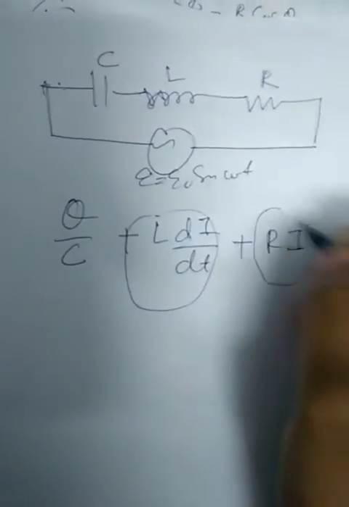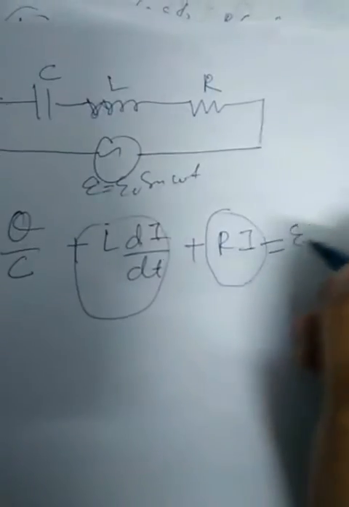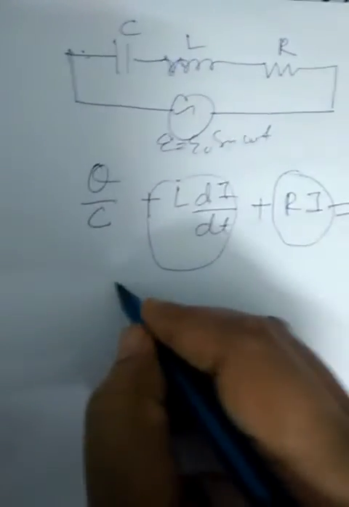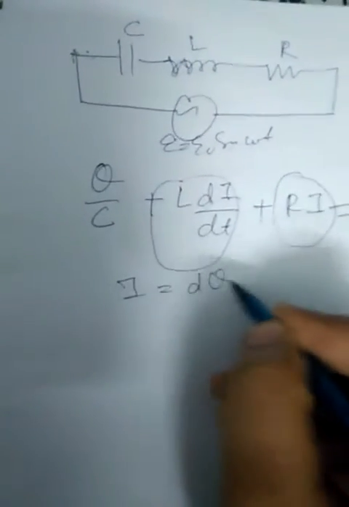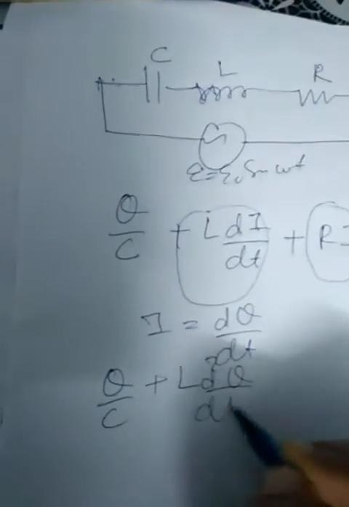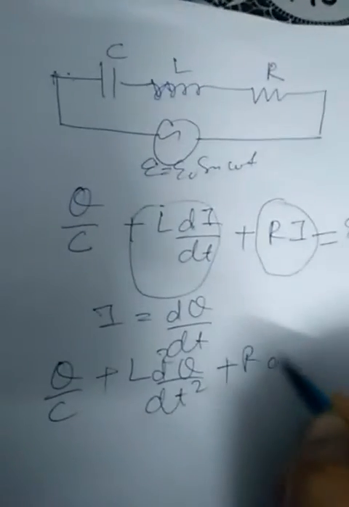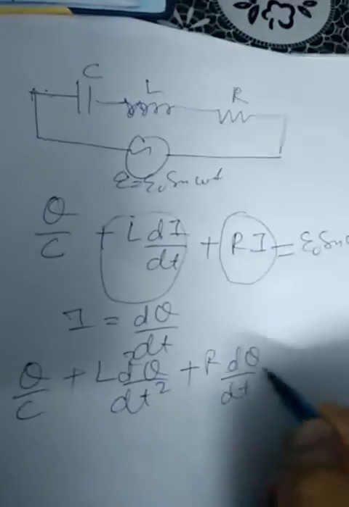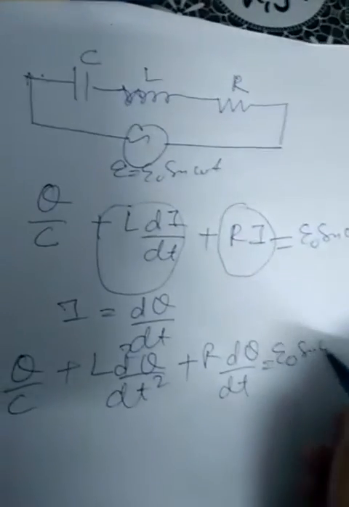And R into I is the potential drop across the resistance, which is equal to E naught sine omega t. Now I can write everything in the form of Q. I is equal to dq by dt. So that means Q by C plus L d2q by dt square plus R into dq by dt is equal to E naught sine omega t.